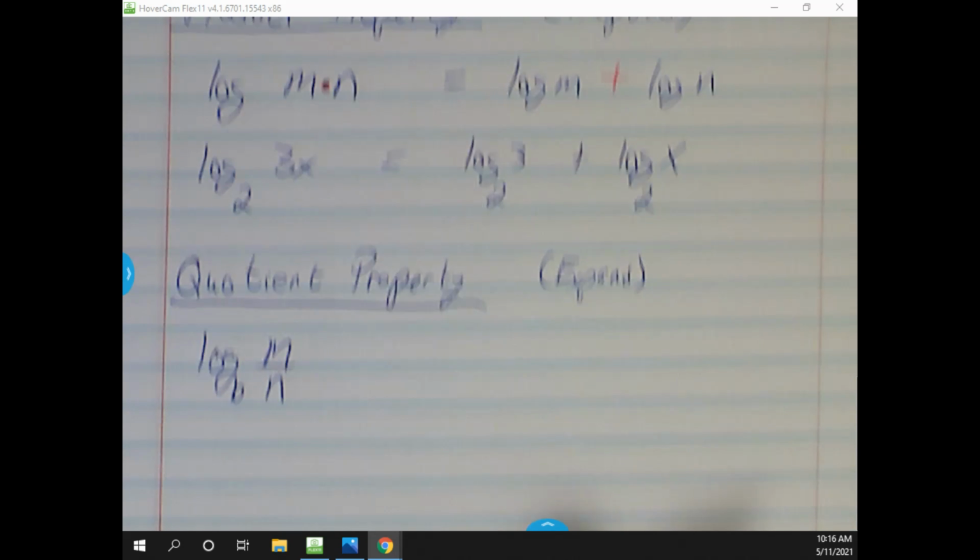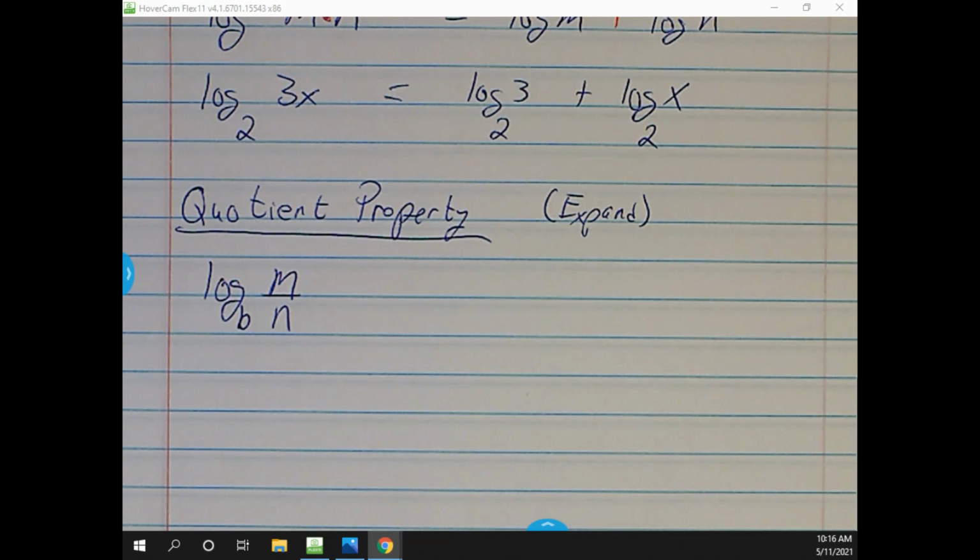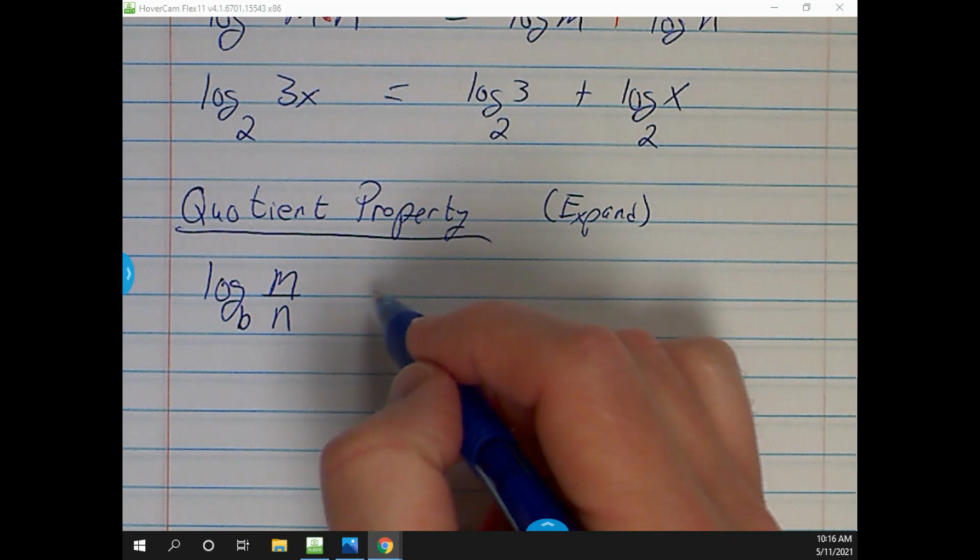All right, so for quotient property, we're going to take the log of m divided by n. Again, if we go base b, whatever it's going to be for this part of it.